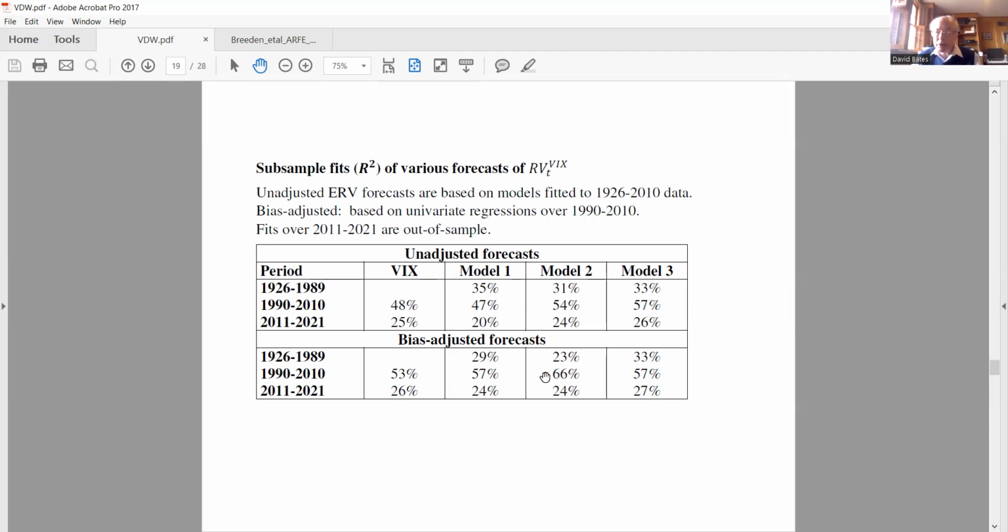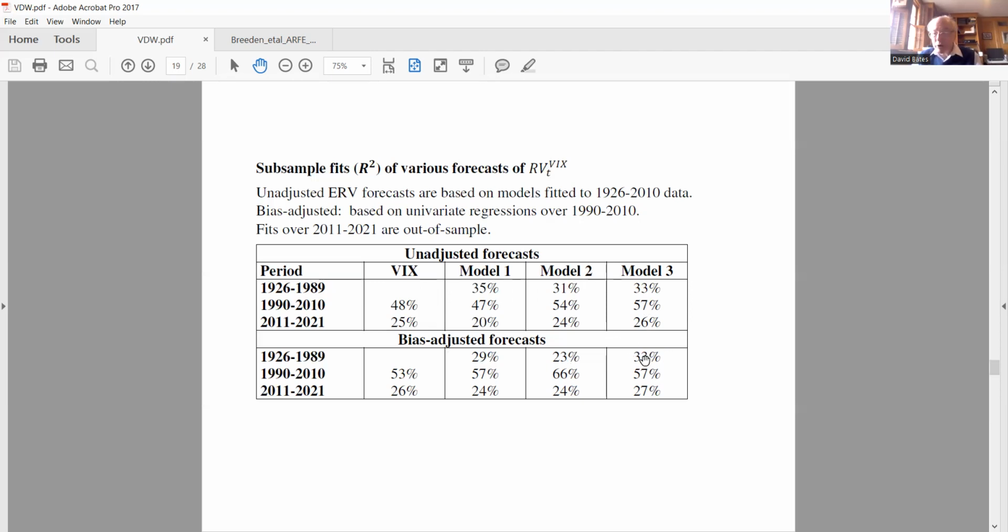Of course, on a bias adjusted basis, model 2 is doing best, at least in sample over 1990 to 2010. But when you backfill and see how it fits data back to 1926 to 1989, model 2 does worse. So model 3 is a good model, basically. Model 3 on an unadjusted basis does well, and the adjusted is basically the same as the unadjusted.